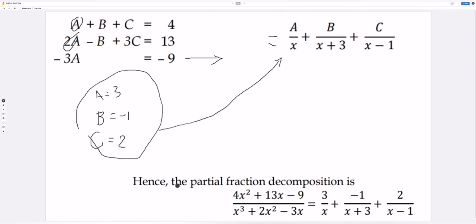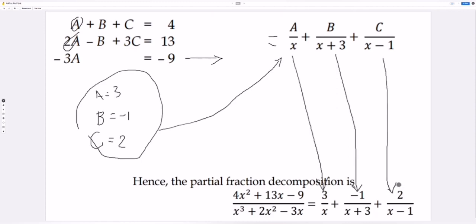So the partial fraction decomposition of 4x squared plus 13x minus 9 over x cubed plus 2x squared minus 3x: our a is positive 3, so 3 over x. Then b is negative 1, so negative 1 over x plus 3. And then the last one, c is positive 2, so positive 2 over x minus 1.